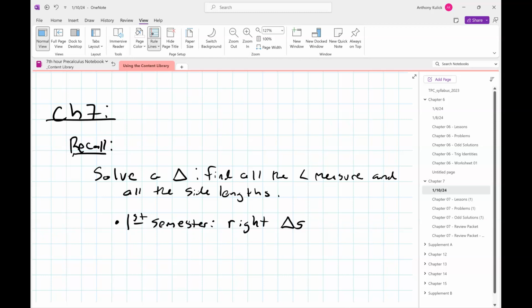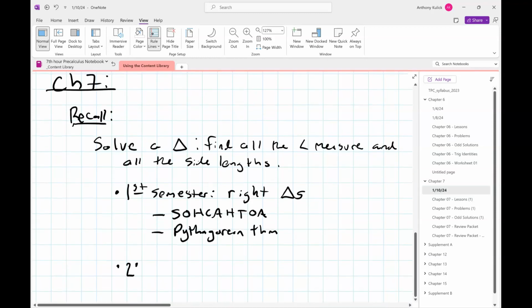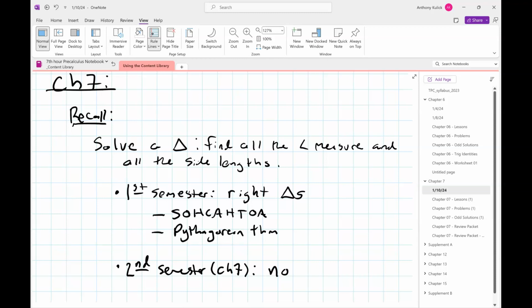In first semester, we did this for right triangles. The two tools that we used were SOHCAHTOA and the Pythagorean theorem. In second semester, right now in chapter 7, we're going to worry about non-right triangles.